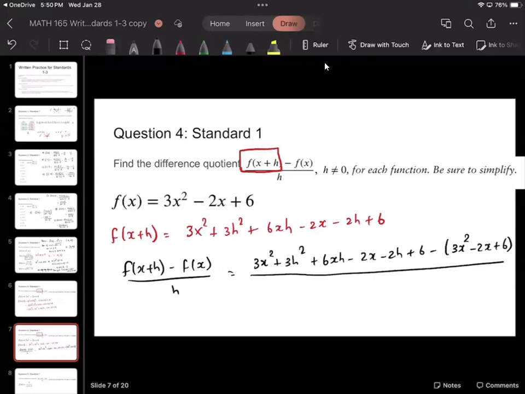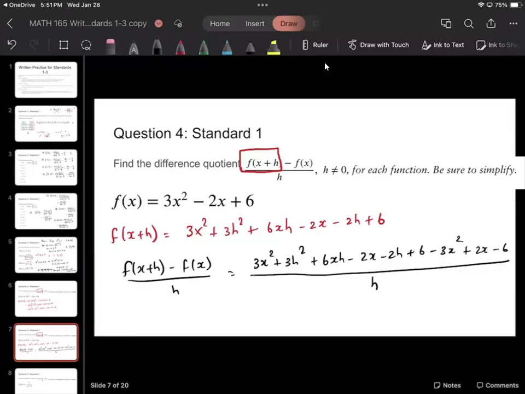You have to use parentheses here so that you don't make a mistake with the sign. Now if I distribute it, this is going to become negative 3x squared plus 2x minus 6. I'm doing it all in one step for lack of space, right?